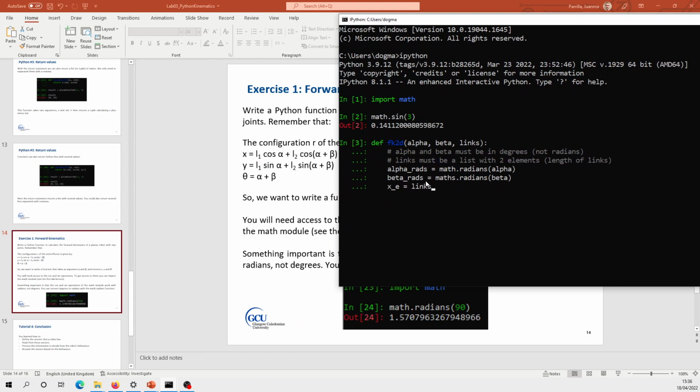We need to multiply the length of link 0, so the first link, by the cosine of the alpha angle, and then the length of the second link, and then multiply by math.cos.